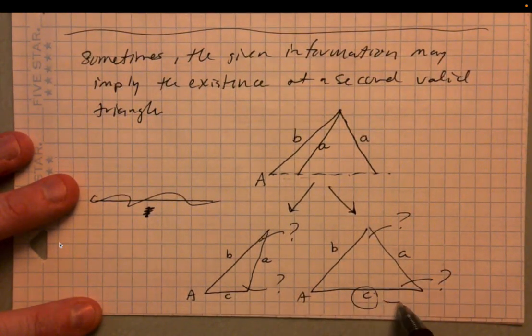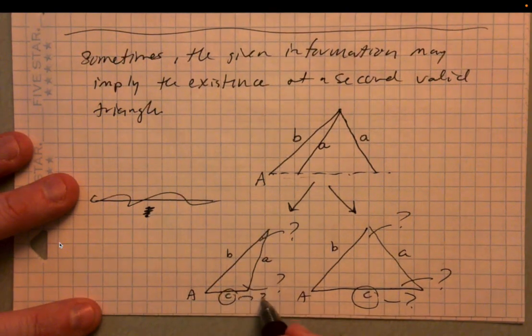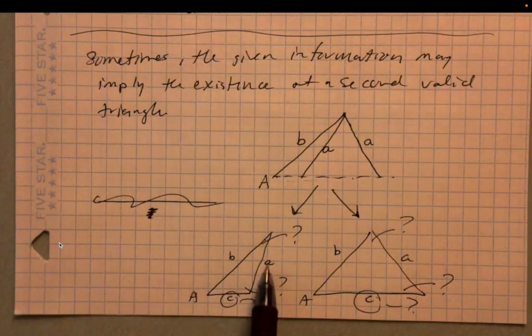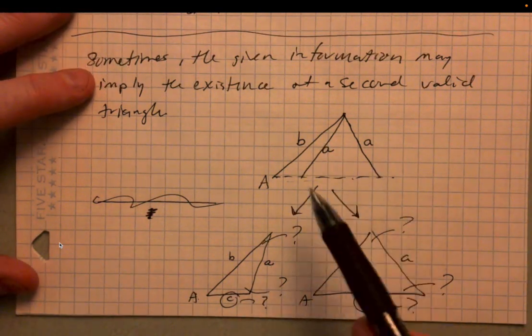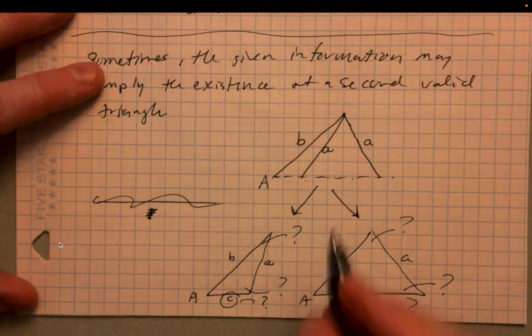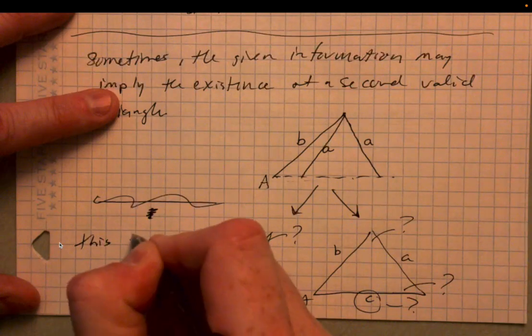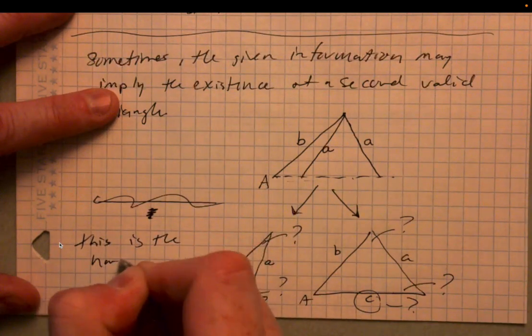And I don't know C. Right? All I know is little a, big A, and B. I know two sides, two adjacent sides, and an opposite angle. Okay? And so this kind of scenario is what we think of as the hard case of the law of sines. So this is the hard case.